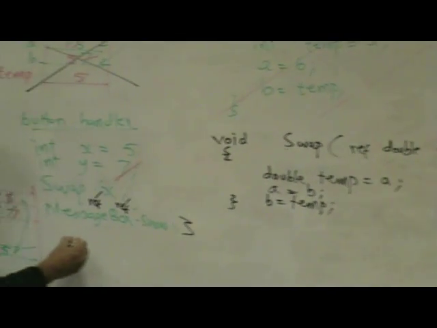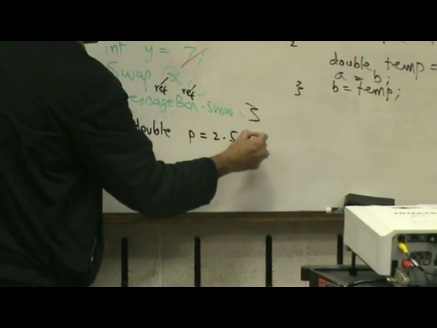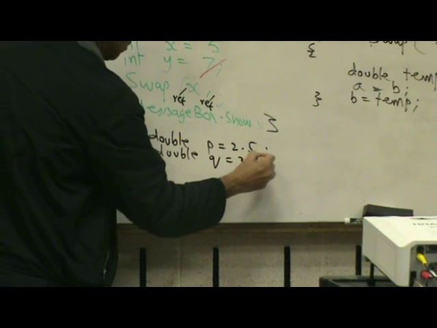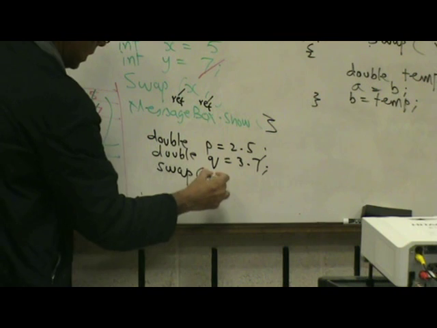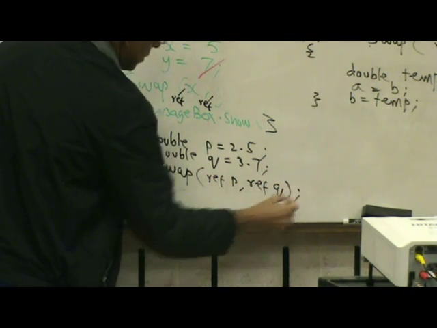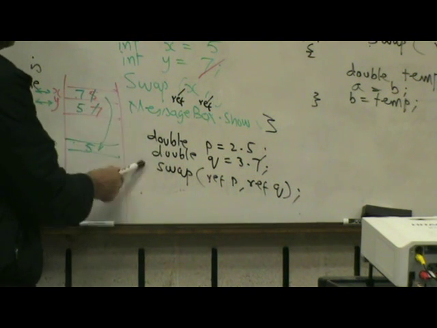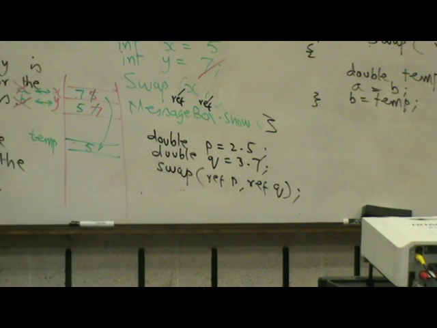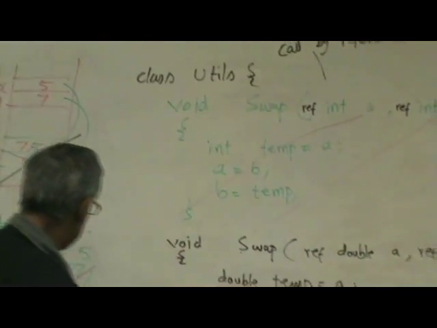Double p equal to 2.5, double q equal to 3.7, and swap of ref p comma ref q, right? How will the compiler know which swap to call?